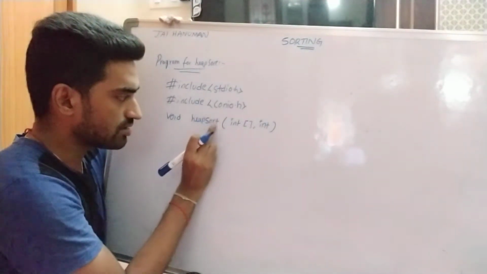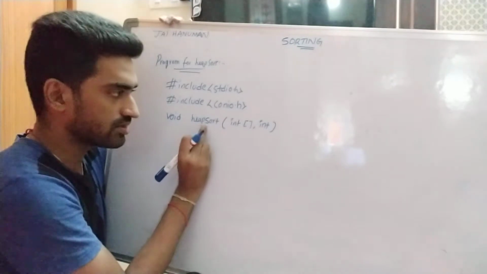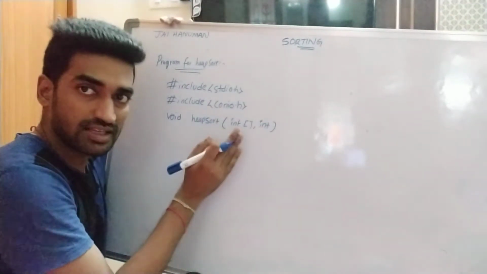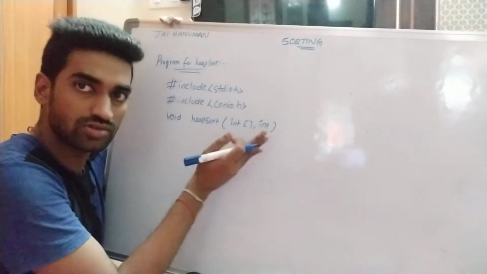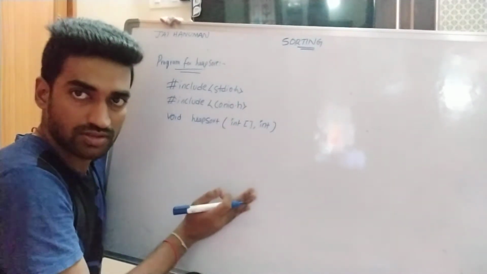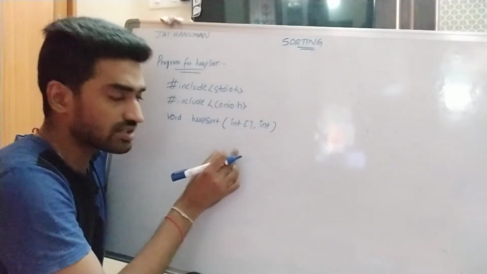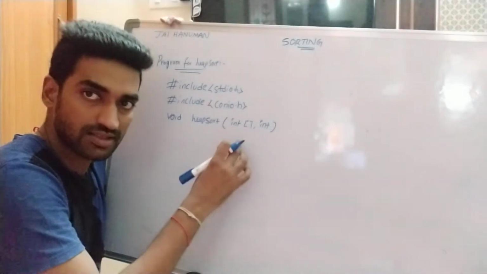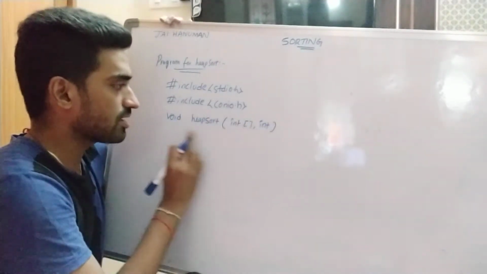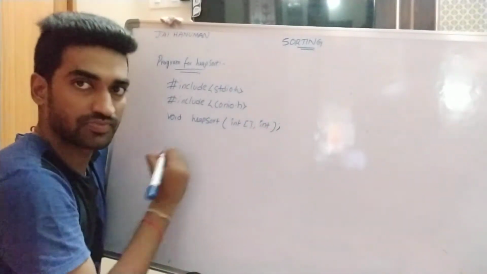In this function I am writing the procedure for replacing the root node with the last node, and checking after insertion whether the tree follows the max heap property or not. For that purpose, I am creating this function.